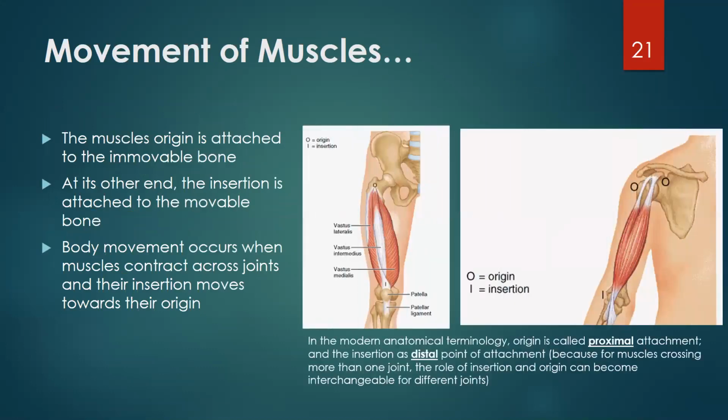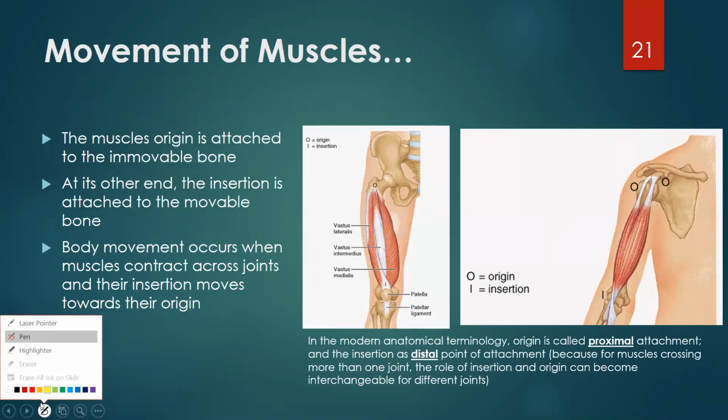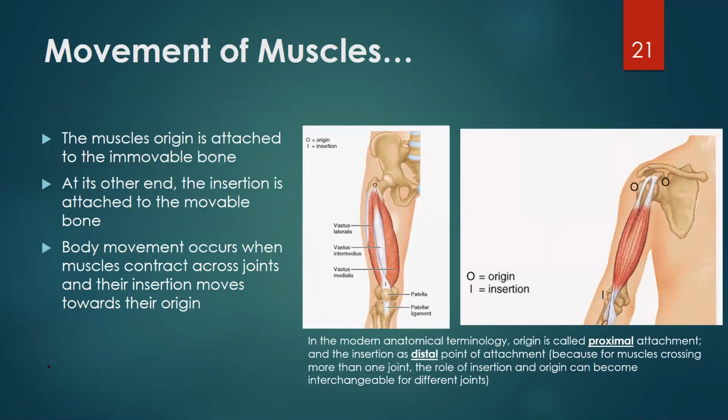So I would reiterate this point that origin and insertion are the two words that you might find somewhere. The muscle's origin is attached to the immovable bone, and insertion is attached to the movable bone. But this terminology is not used a lot nowadays.